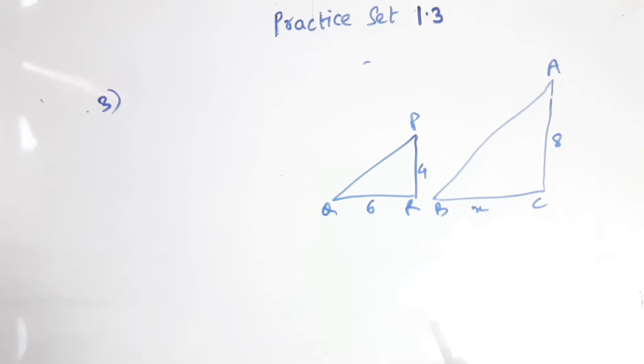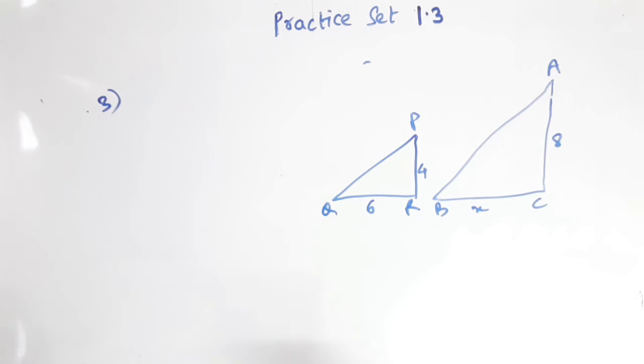If the length of the shadow of the smaller pole due to the sunlight is 6 meter, how long will be the shadow of the bigger pole at the same time? Now this is very important, that both the poles will cast the shadows proportionally because the timing is same. So how will we begin?